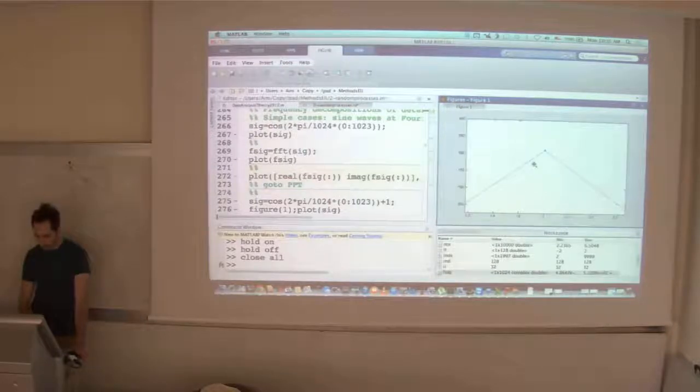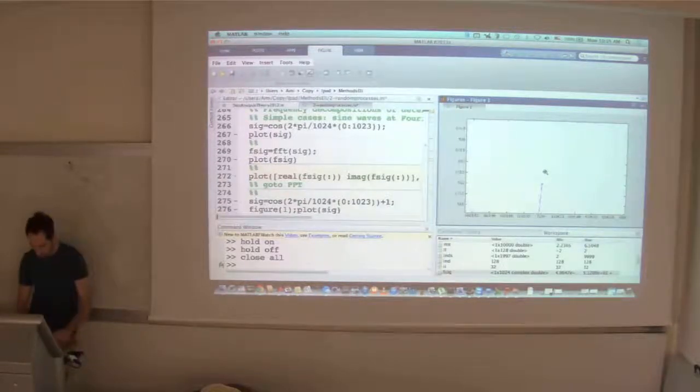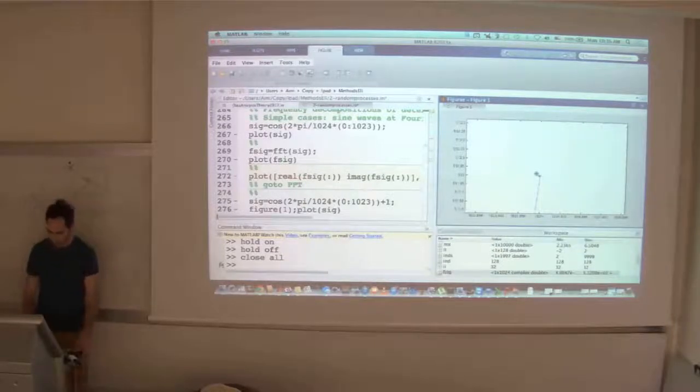Now we can see another thing. It seems symmetrical. We have also the same frequency here. So at the almost last point, here is the last point, we have the same thing.